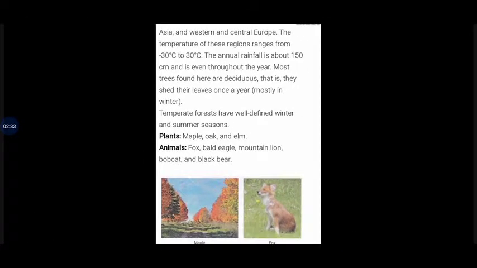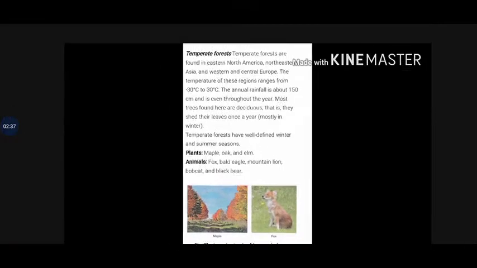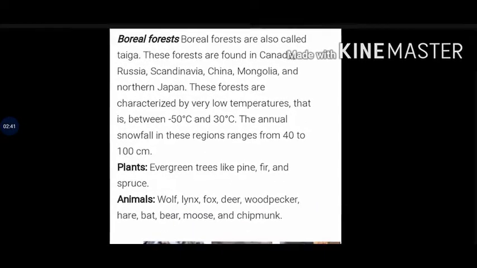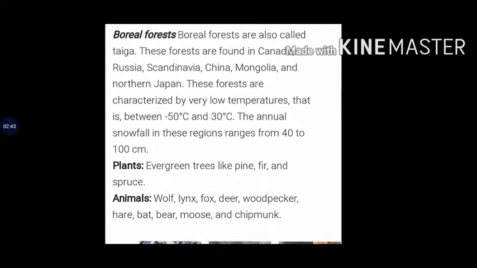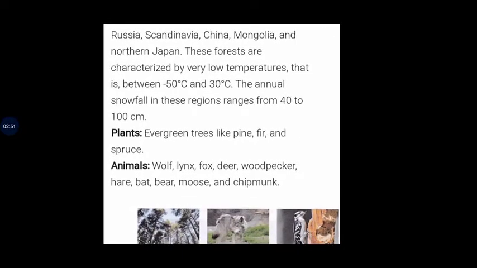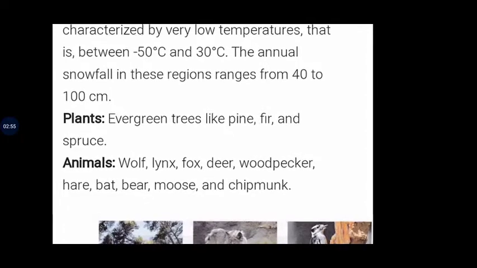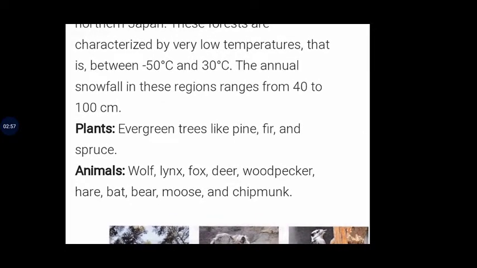Now we will study the boreal kind of forest, which is also known as taiga. These forests are found in Canada, Russia, Scandinavia, China, Mongolia and northern Japan. They are characterized by very low temperature, between -50 and 30 degrees centigrade.